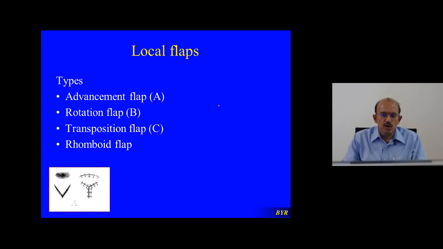Okay, I will show you how Y is formed. Here the wound is sutured. This V is pulled this way, so this much of a gap occurs.